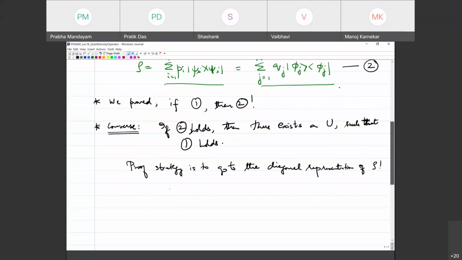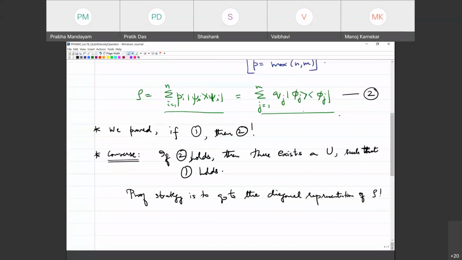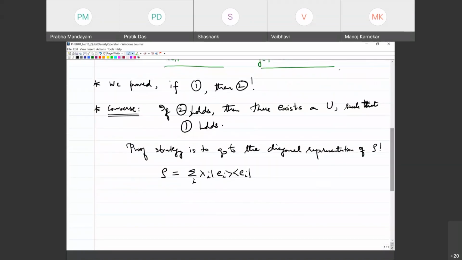So we have just said that there are two equivalent pure state descriptions. Now, in general, a density matrix also admits a diagonal representation like this, right? So then the trick is actually to go like this. You have this description, which is the psi i, okay? So you relate that to this.